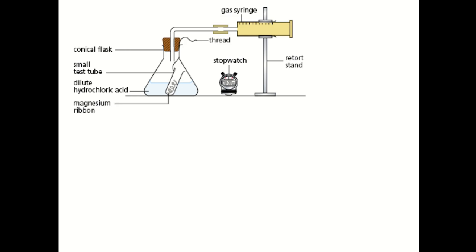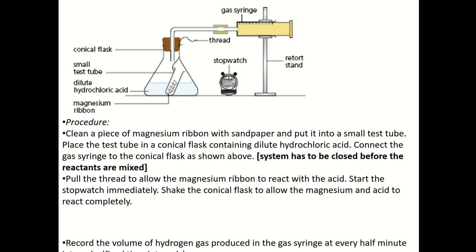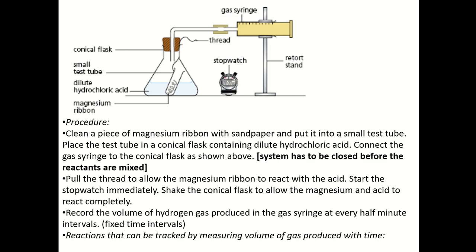So how do you do the experiment? Remember in class we have done a demonstration. So basically you set up the reaction vessel and set up the reaction as seen. Then when you start the reaction, the gas will be produced and collected in the gas syringe here, right?